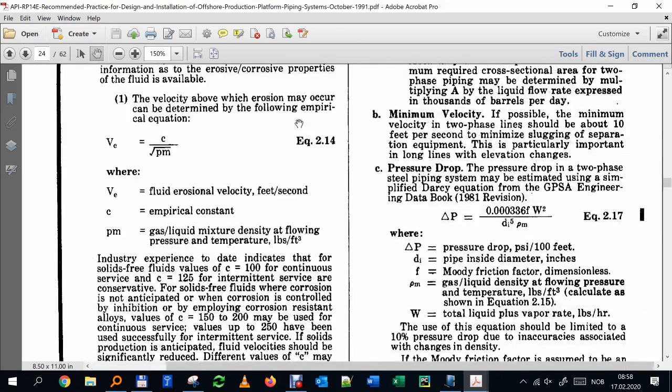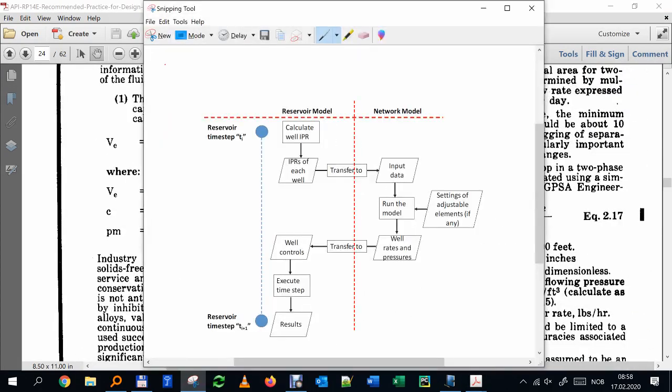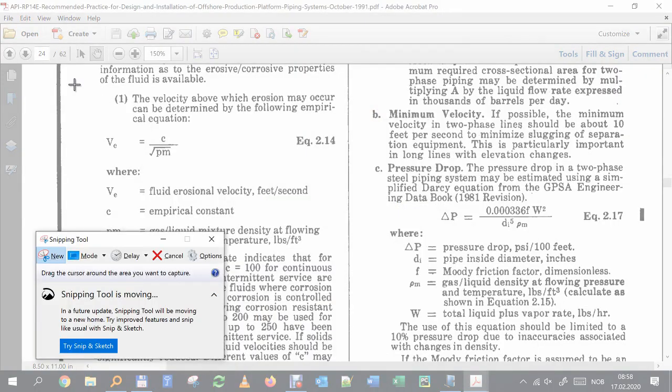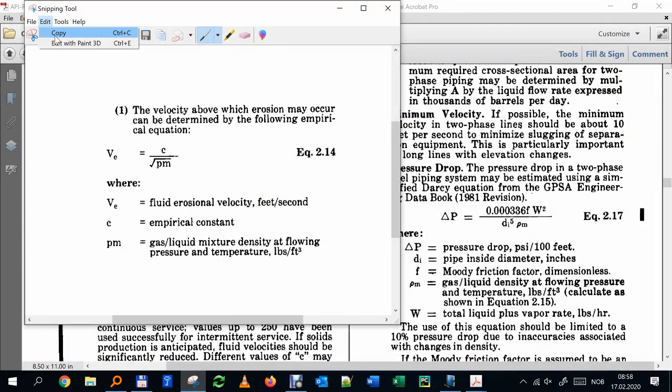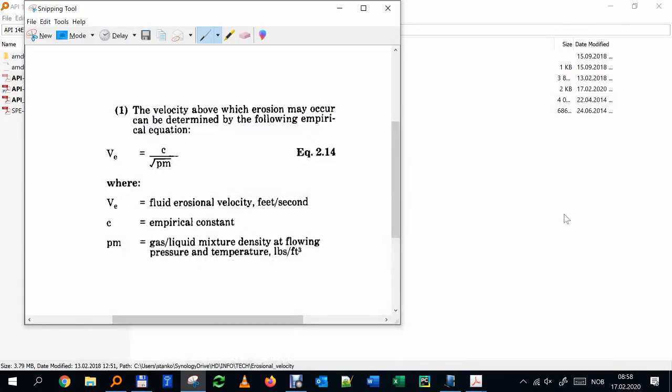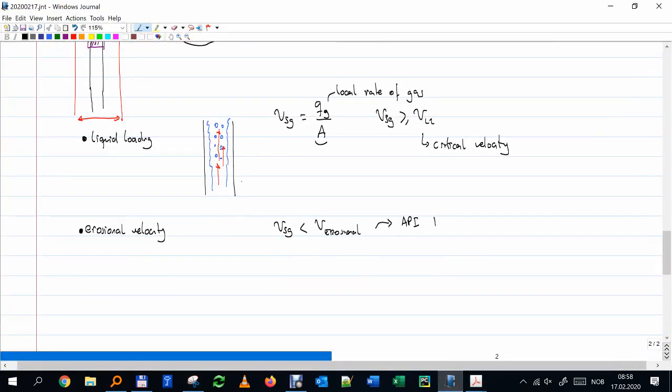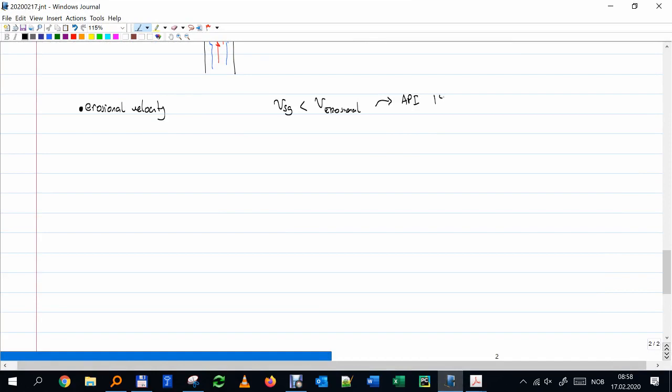Let's take that equation. There is another Norwegian standard, NORSOK, that has a slightly different expression, and I think that's what they use in Norway. API 14E is used more in the rest of the world.